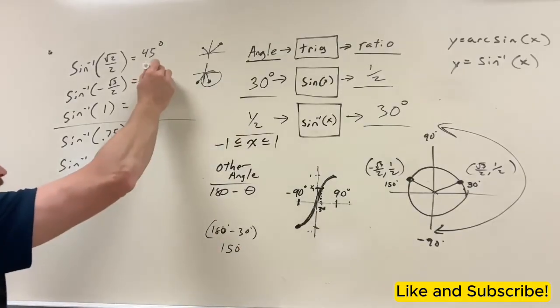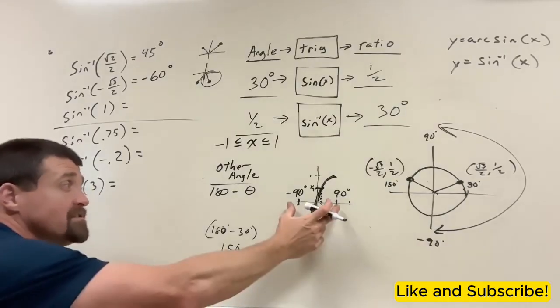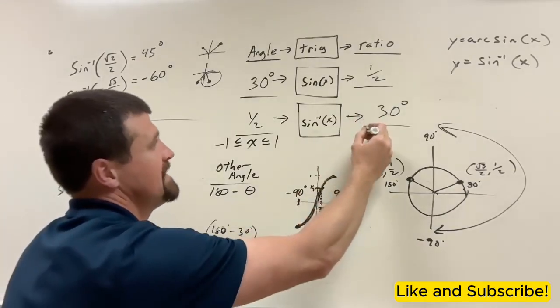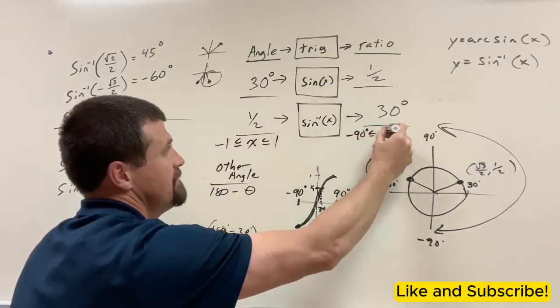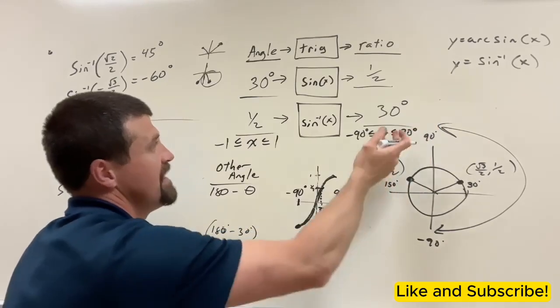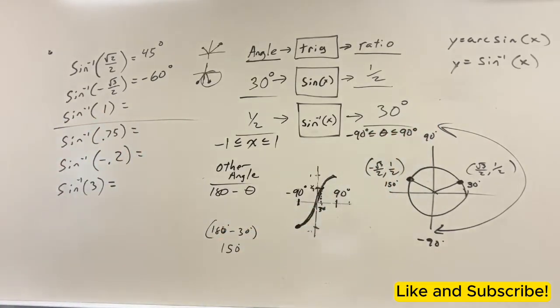So it's the same location as 300. We're just going to call it negative 60 so that it's within the range of arcsine. And you may want to write that here in your notes, that negative 90 to 90 are the output values. That's where the angle is going to be when we're doing arcsine.